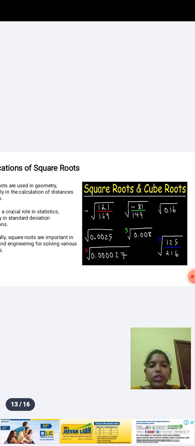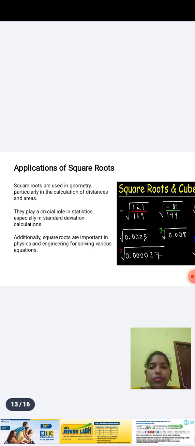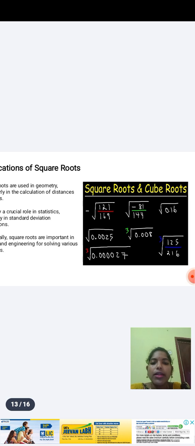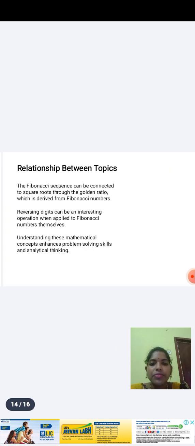In square roots and cube roots we observe here. And additionally, square roots are important in physics and engineering for solving various equations. Here we observe, in physics, area and volume, like this we find the values.